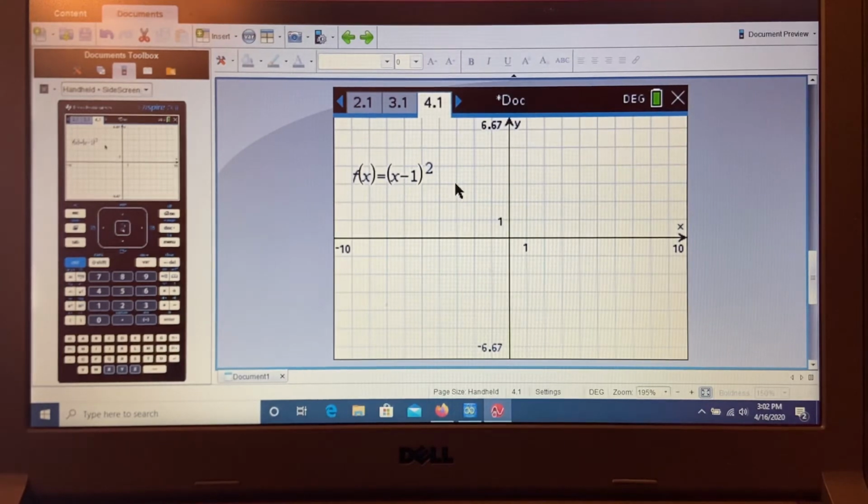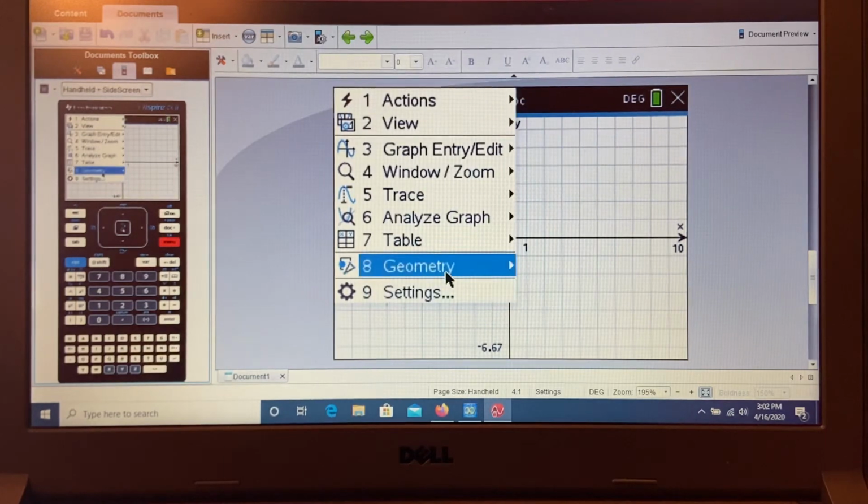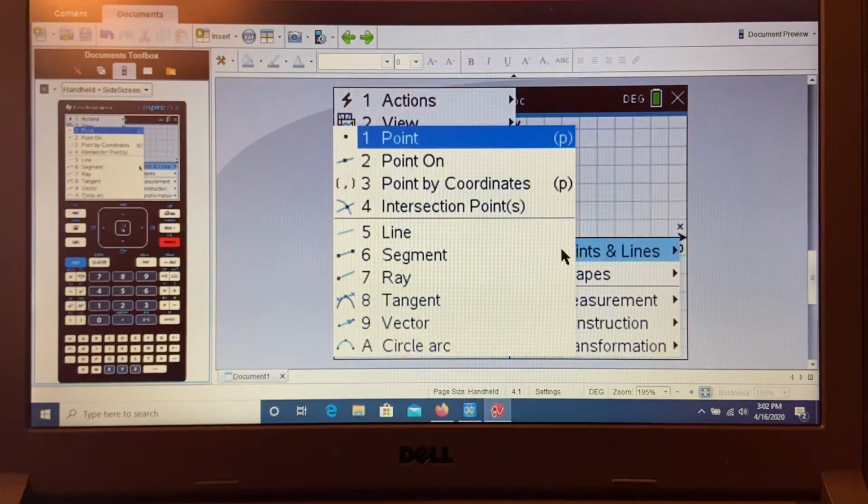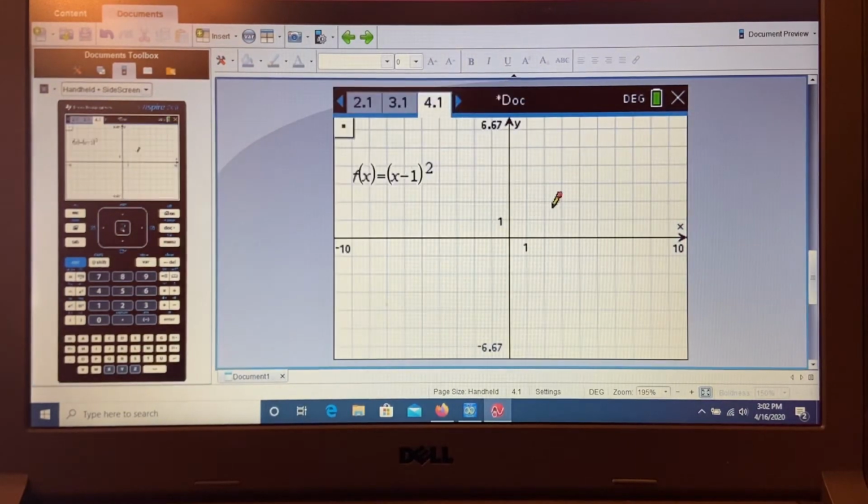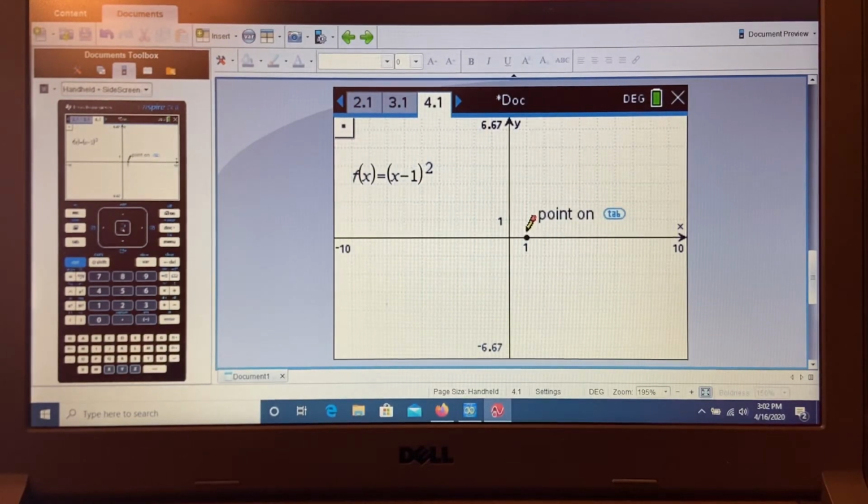So our k value, or our y value, will be 0. So our vertex in this case is +1, 0. So we're going to graph that. So +1, 0. So there is our point.